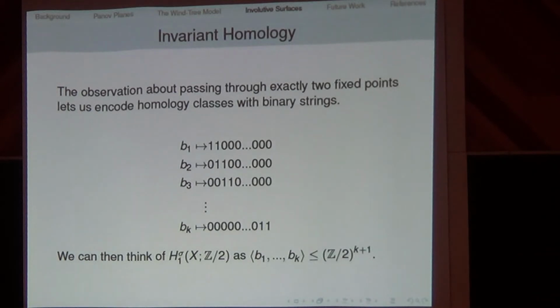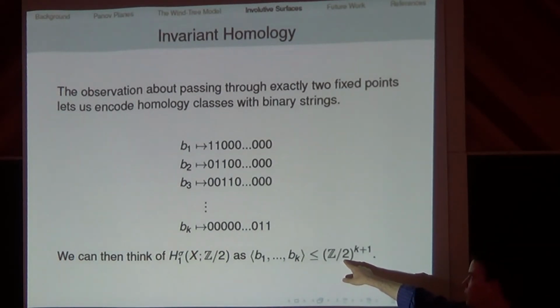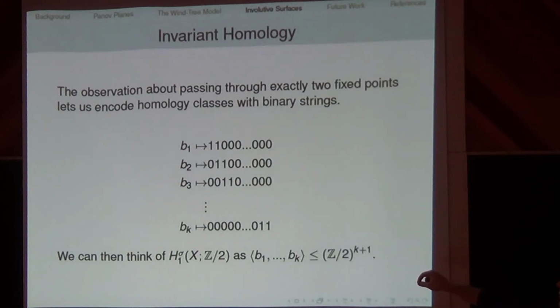So that observation about fixed points is convenient because it gives you a really easy way to encode this particular subspace in homology by writing zeros and ones. Now, since I'm in Z mod 2, there's an obvious, stupid way to encode things with zeros and ones, and what I'm doing, I claim, is not stupid.